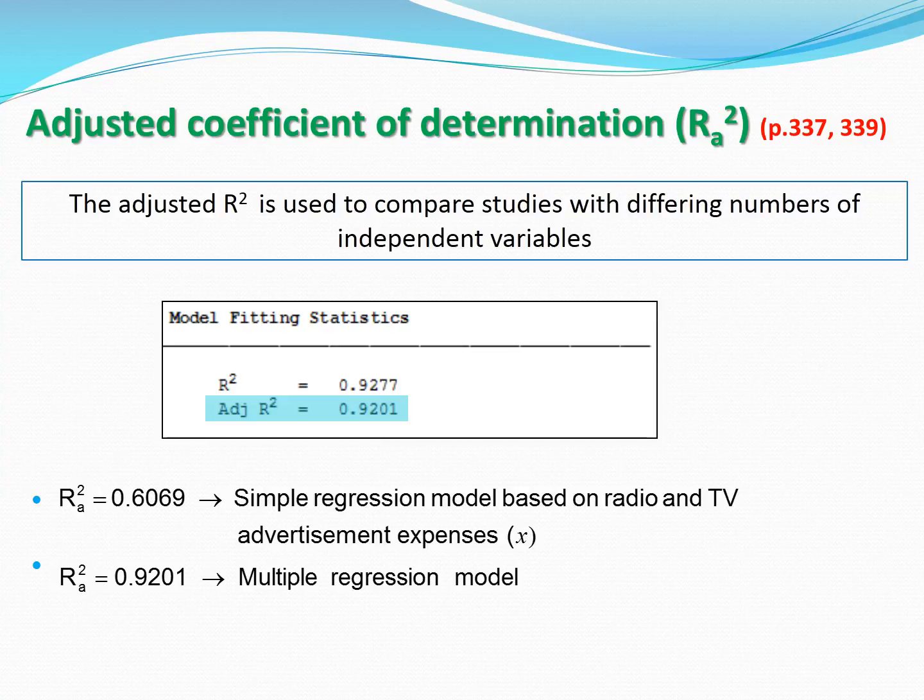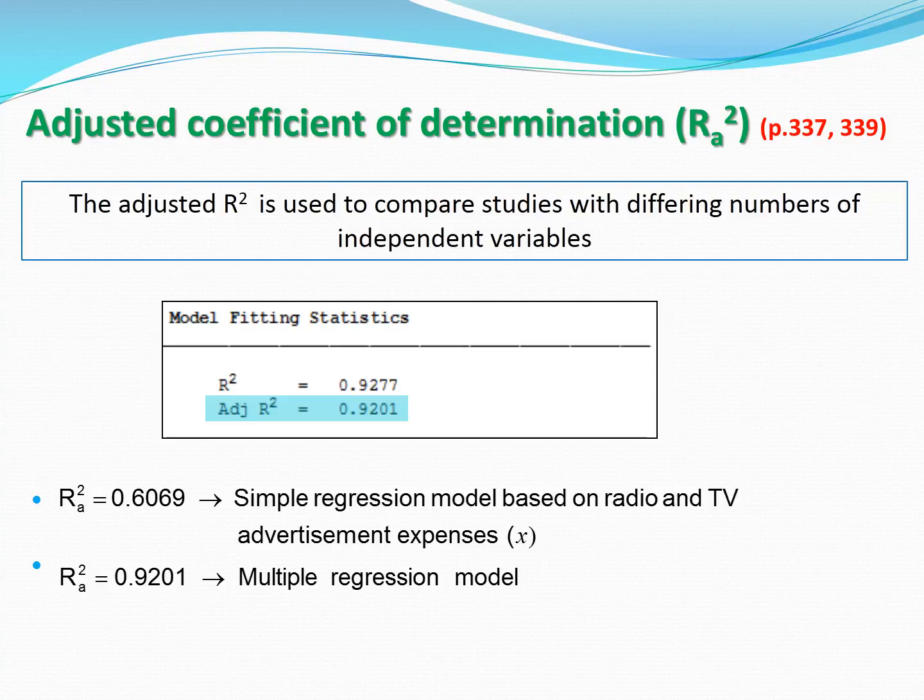But you can't have an infinite number of x variables in your regression model. So the adjusted coefficient of determination takes the number of x variables into consideration, and it indicates if it really is better that we add another independent variable or not, because it can decrease if there's not a significant reduction in the SSE. Now, if we go back to our textbook example, if we only include the radio and TV advertisement expenses, then your adjusted R-square value will be 0.6069.